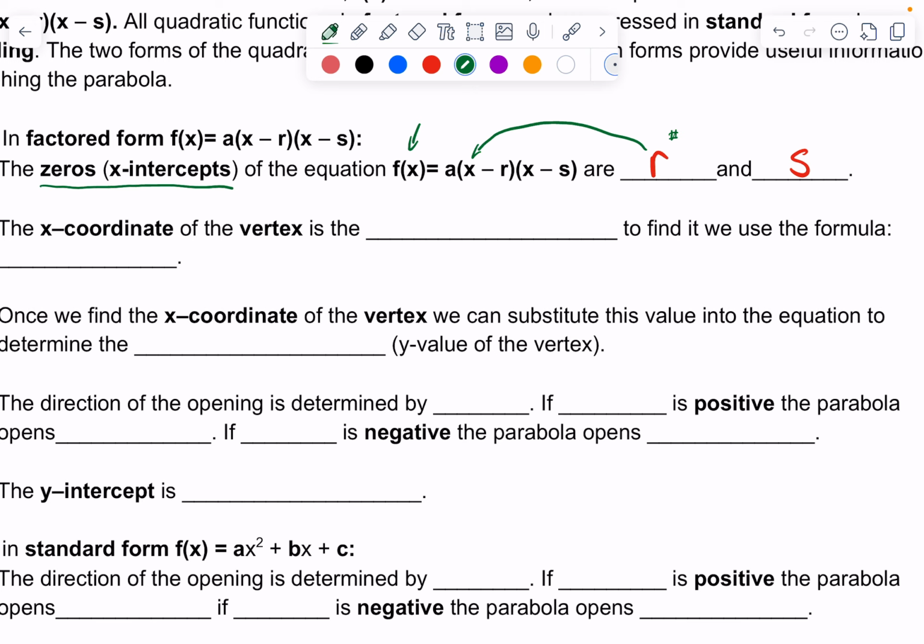But if you substituted r in for this x right here, so what I mean is if you evaluated the function at r, you would get a times r minus r, and then the other one would also have to be r minus s. Well, this bracket right here would evaluate to 0, and then a times 0 times r minus s equals 0.